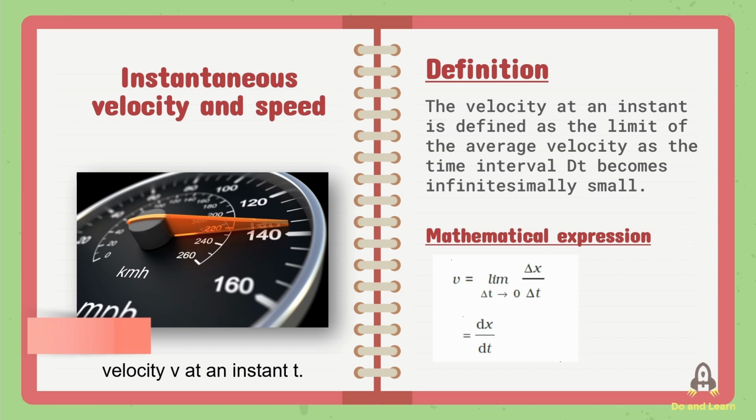It means we will consider the speed or the velocity of an object at a particular instant, a very small interval. With the mathematical expression, we can write v is equal to limit delta t tends to 0 of delta x by delta t. It means we are reducing the time interval near to 0, to a very small interval of time. So we are limiting the time to 0.